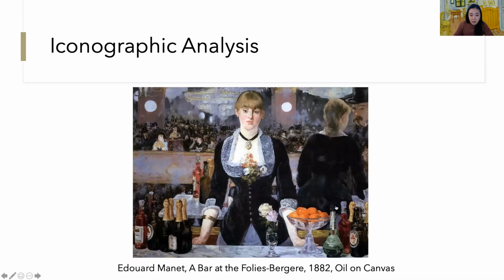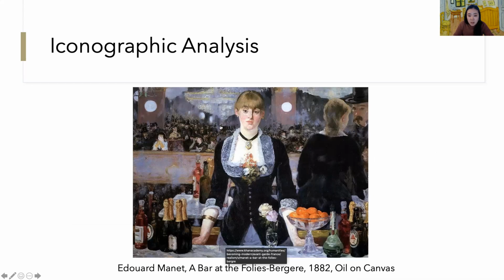So let's see one example for the iconographic analysis. There are lots of objects in the foreground, and it looks like she's a barmaid, right?